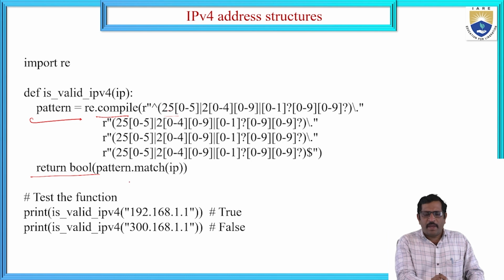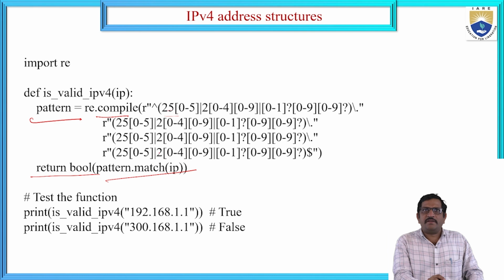If the pattern is matched, whatever IP address we present should be in the range described: 0 to 9, 0 to 1, and 0 to 4 or 0 to 5. If it is matched, then it is a valid IP address.